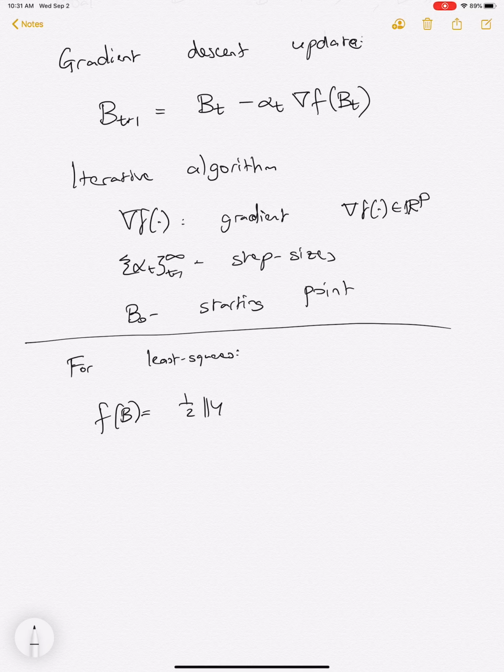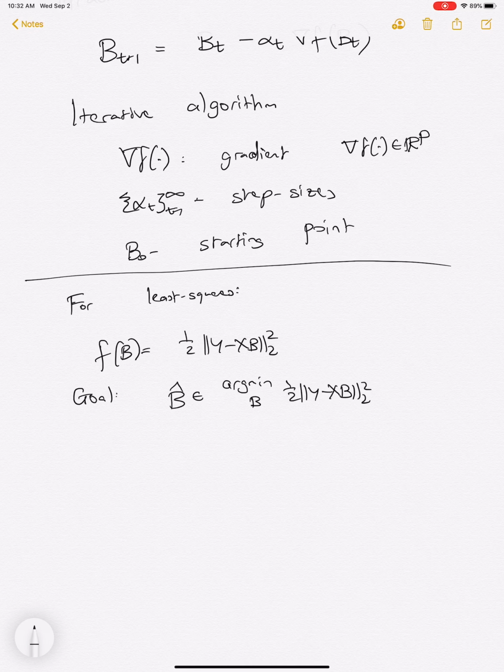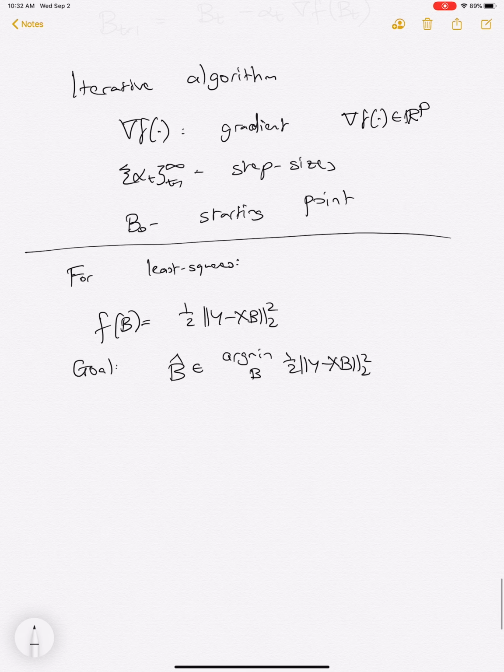So for least squares, what we have is we're minimizing a quadratic. So our goal is this. And what does the gradient of f of b look like?